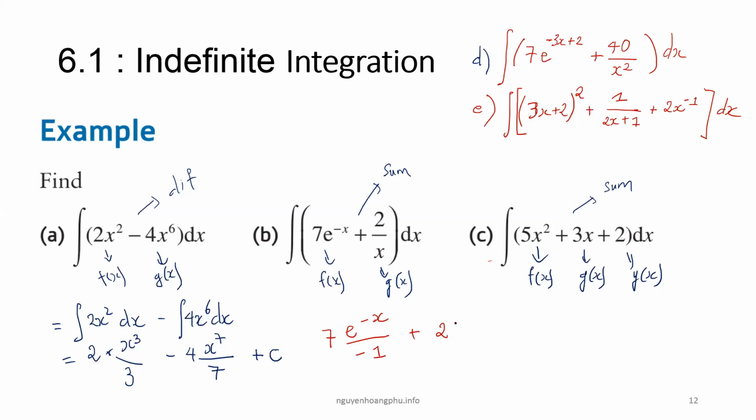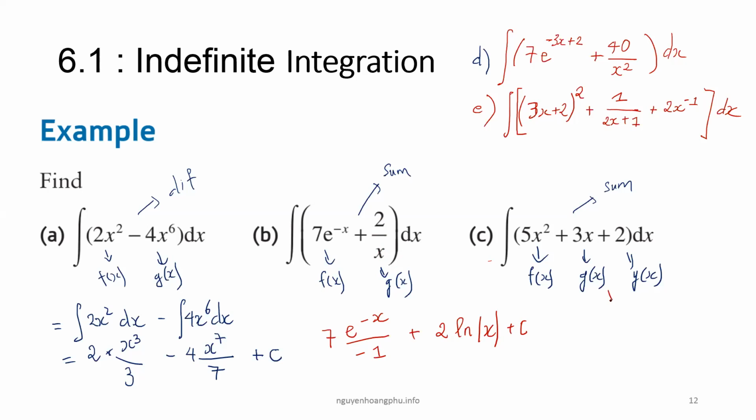So here it is going to be 2 logarithm x plus c, right? Because here you take 2 out, and here is 1 divided by x, so it will be logarithm.